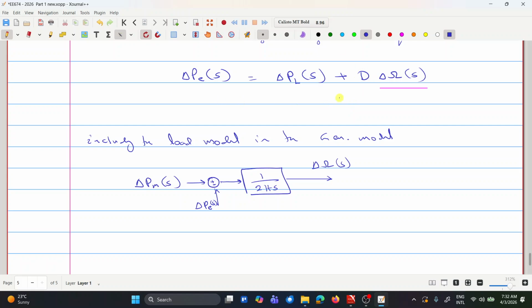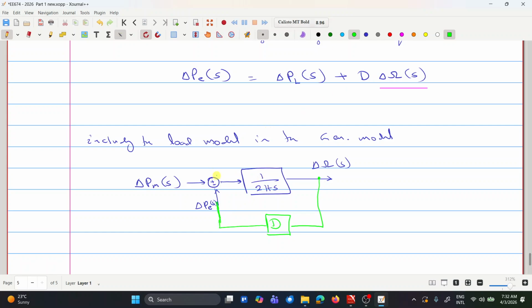And then in this equation you can see that the delta PE, that is this part, is equal to delta omega, that is this here, times the D, and plus this part.